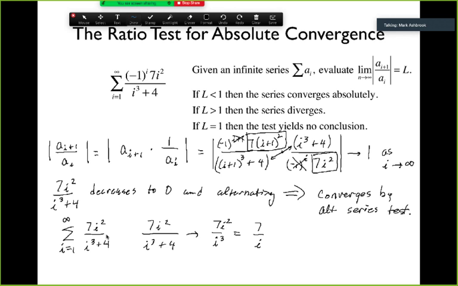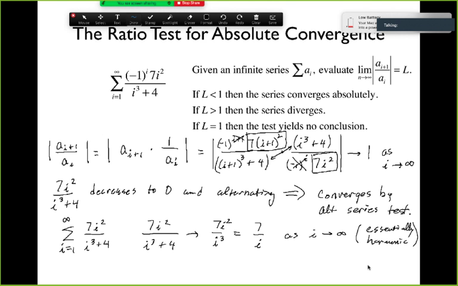So we took the absolute value off to test for absolute convergence, and we see that the sequence in the long run is essentially harmonic. And if it's essentially harmonic, then this series diverges.